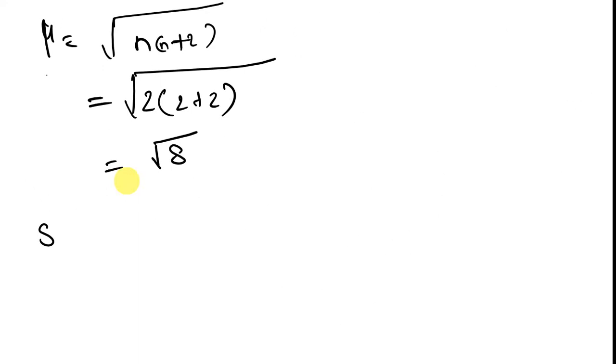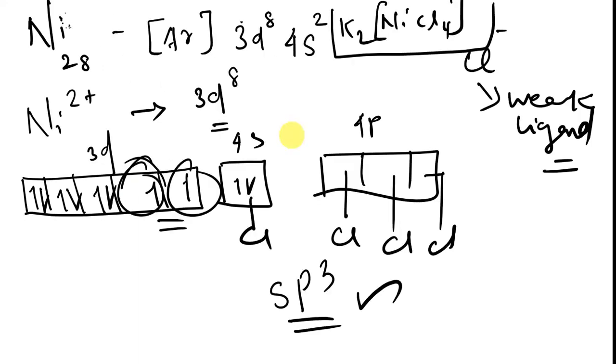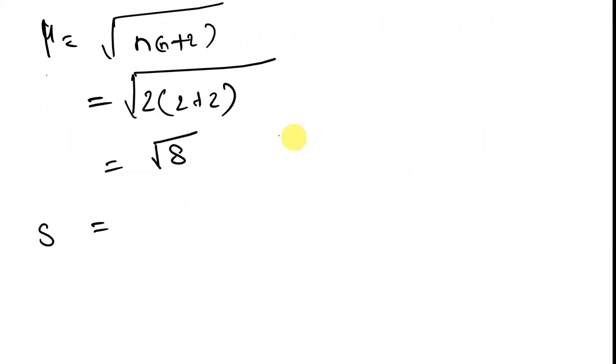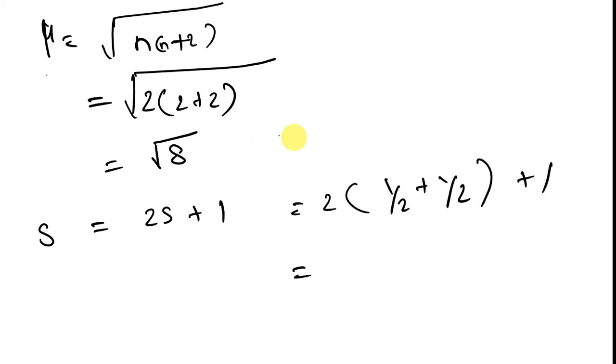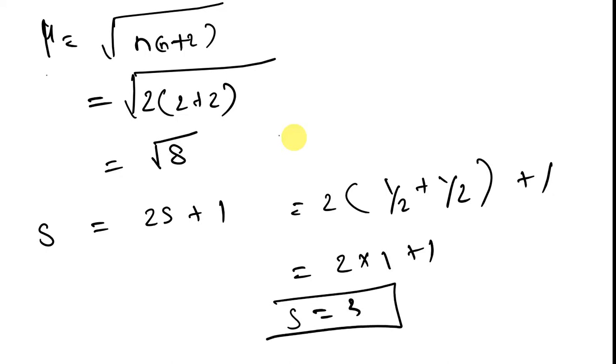And spin multiplicity: how many unpaired electrons are there? 2 electrons are there. The formula is 2S plus 1. So that means 2 into half plus 1, that is equal to 2 into 1 plus 1, that is equal to 3. So the spin multiplicity is 3 here.